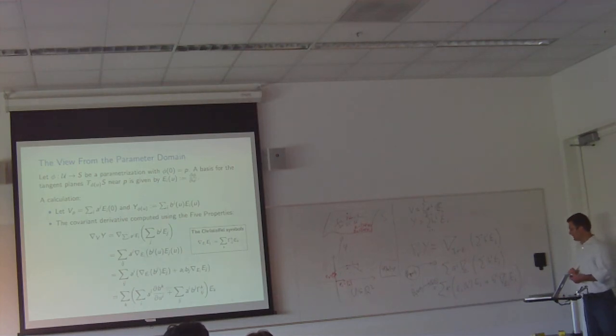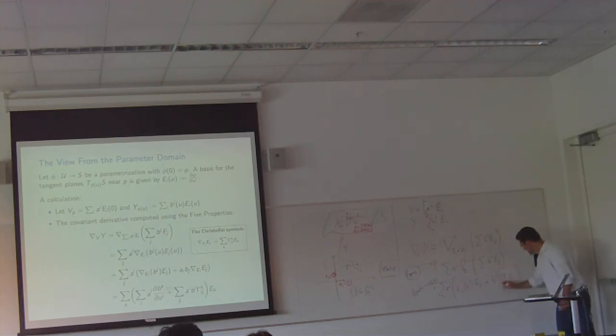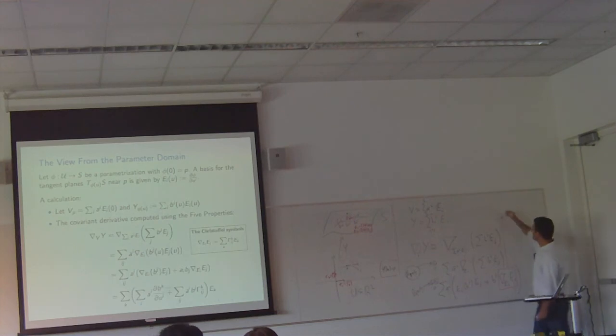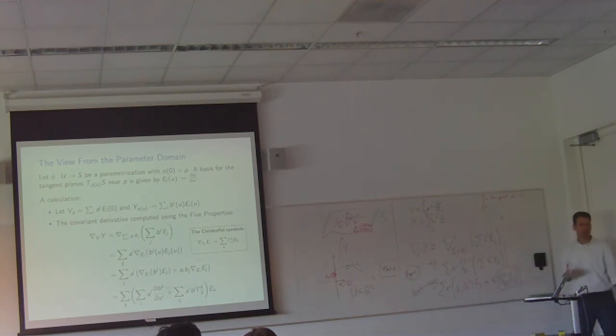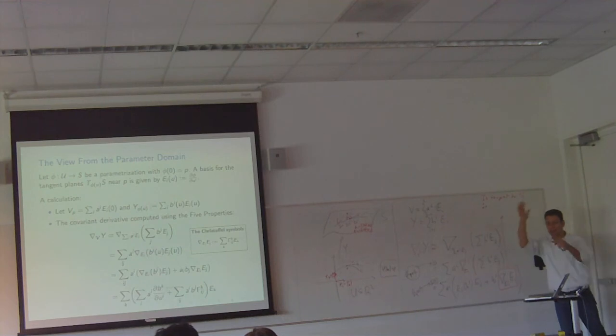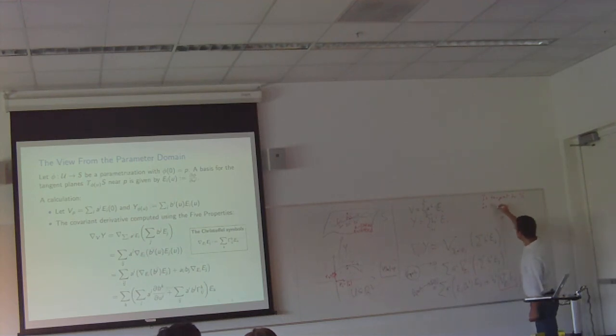Okay, now what? Well, now we have to introduce some stuff. So right there, this thing is tangent, because by definition it's tangent. The covariant derivative is by definition the tangential part. So therefore it's expressible in the basis.